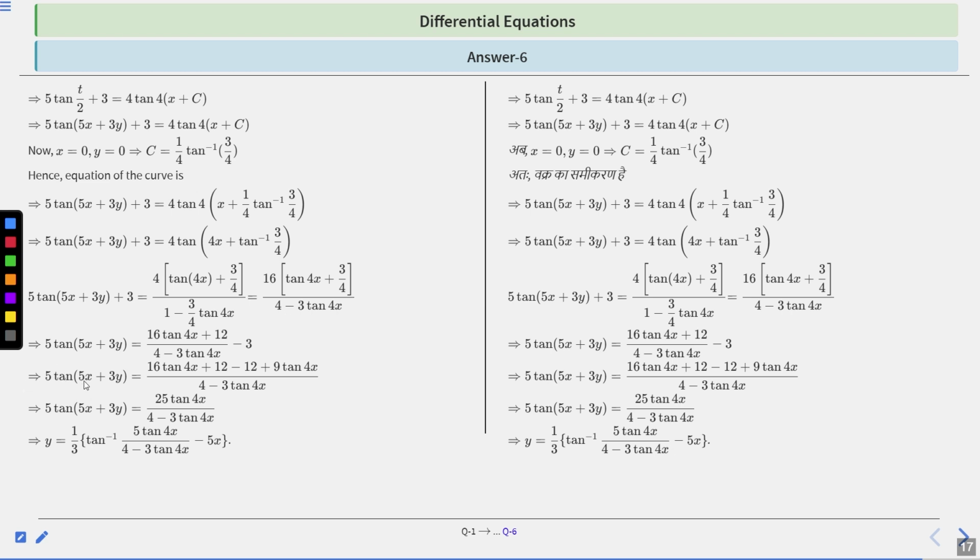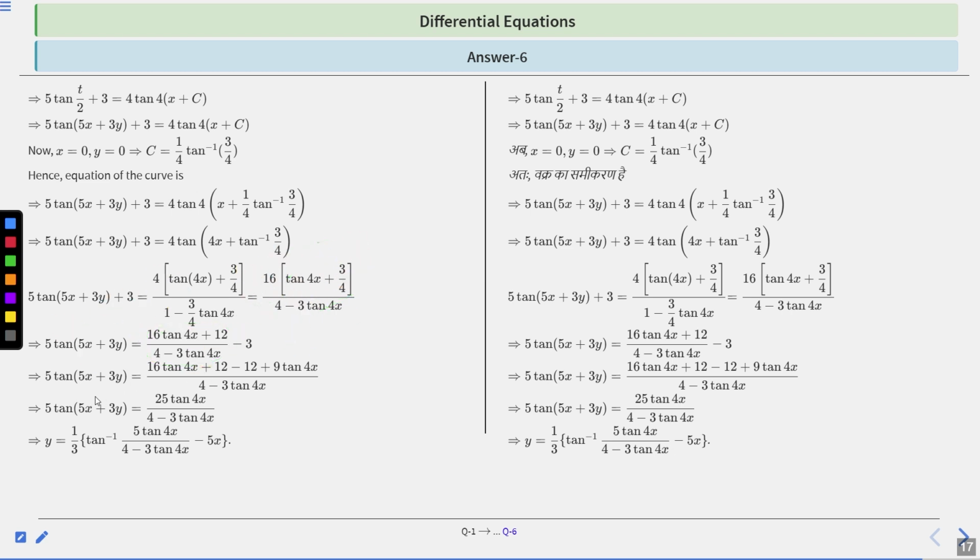Therefore we will get 5 tan(5x plus 3y), this plus 3 will go to the other side, minus 3, got it? Minus 3.